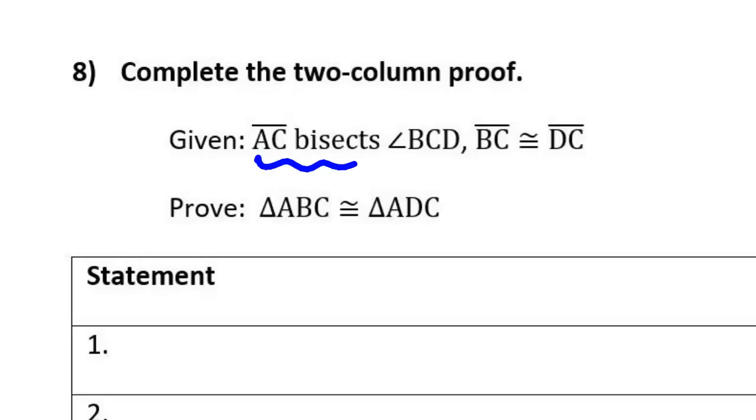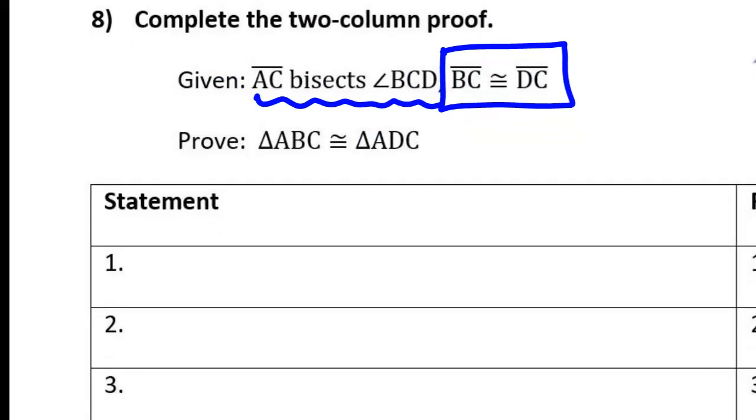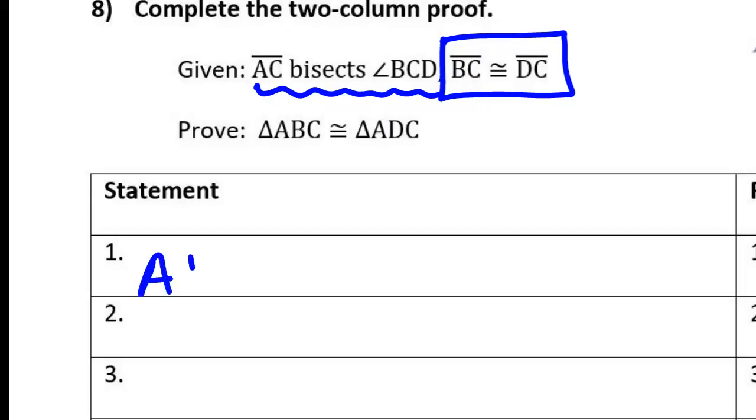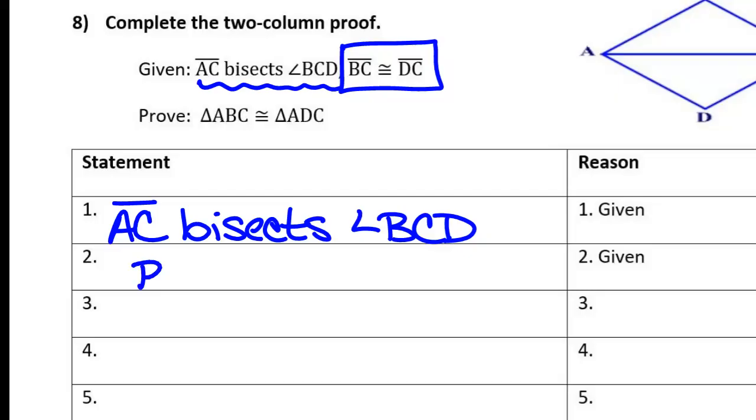So I'm going to take these 2 pieces of my given information and split it between 2 boxes. So it says segment AC bisects angle BCD, and then it says segment BC is congruent to segment DC.